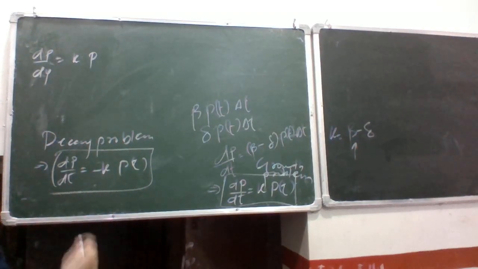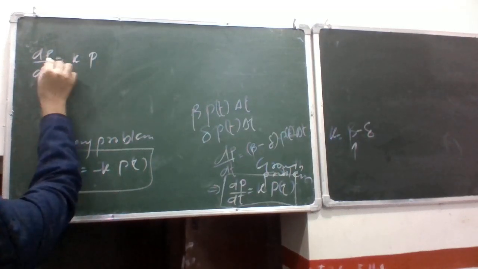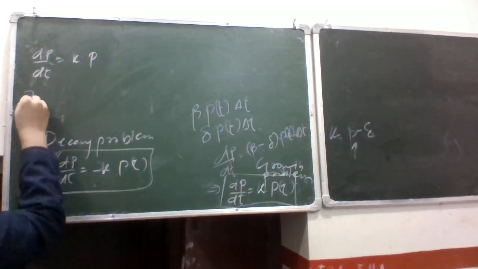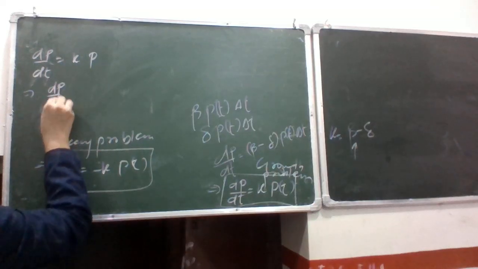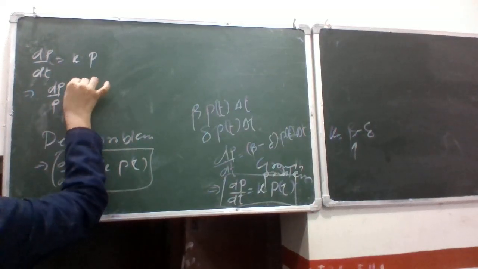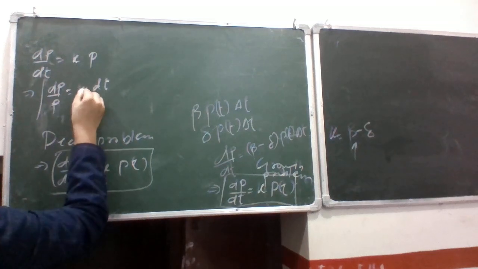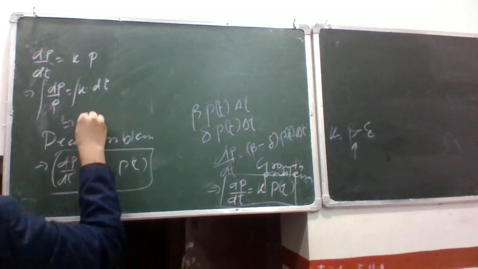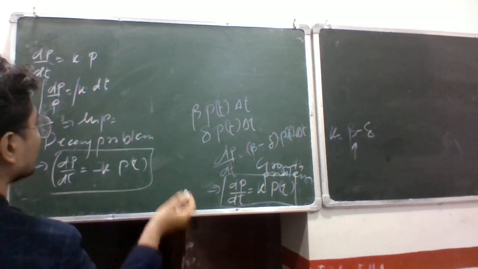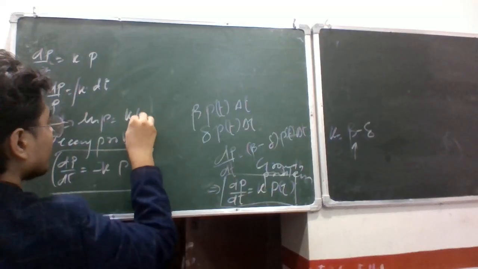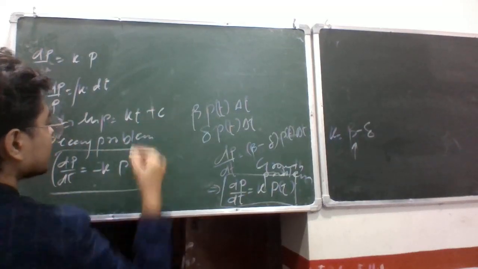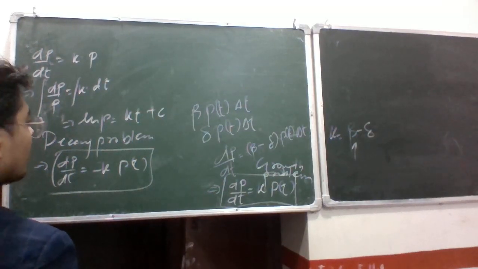Now we can see we can separate the variables here. So dP/P equals k times dt. If you integrate both sides, you get ln P equals k t plus an integrating constant.